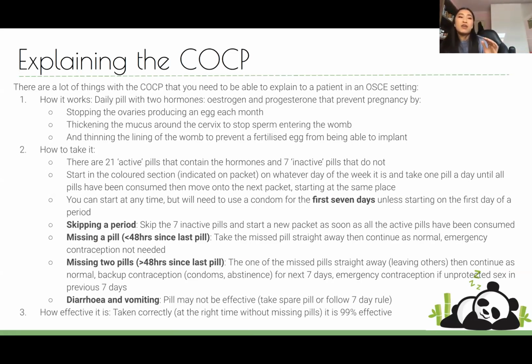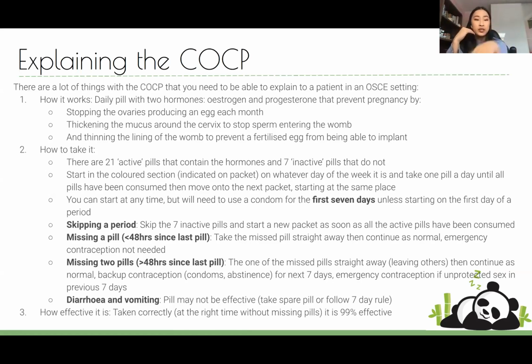So this is the advantage of the combined pill over the mini pill. You actually have quite a lot of leeway. So if they forget one, let's say they take it at 8 p.m. every night, and they forget one particular night, and the next day it gets to like 5 p.m., they can still take that pill, continue as normal, and they'll be protected.